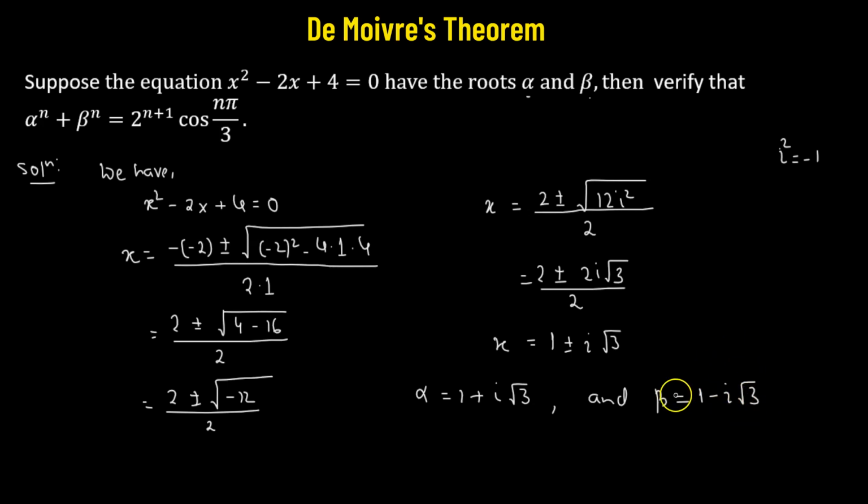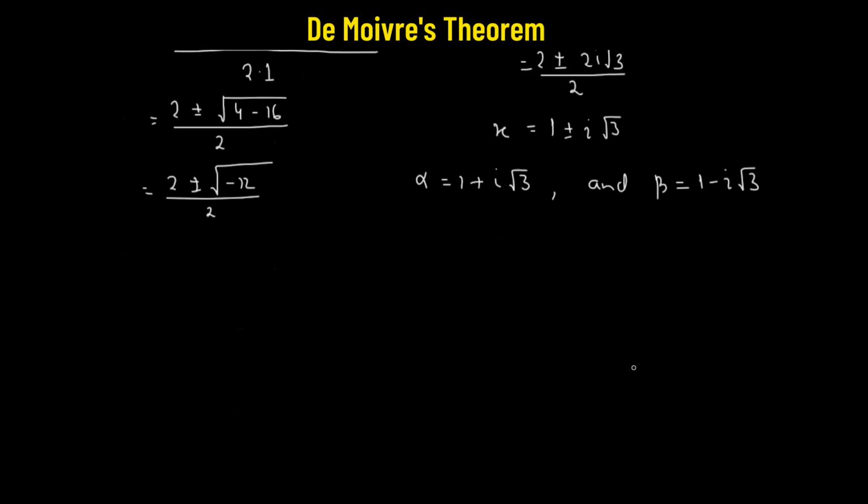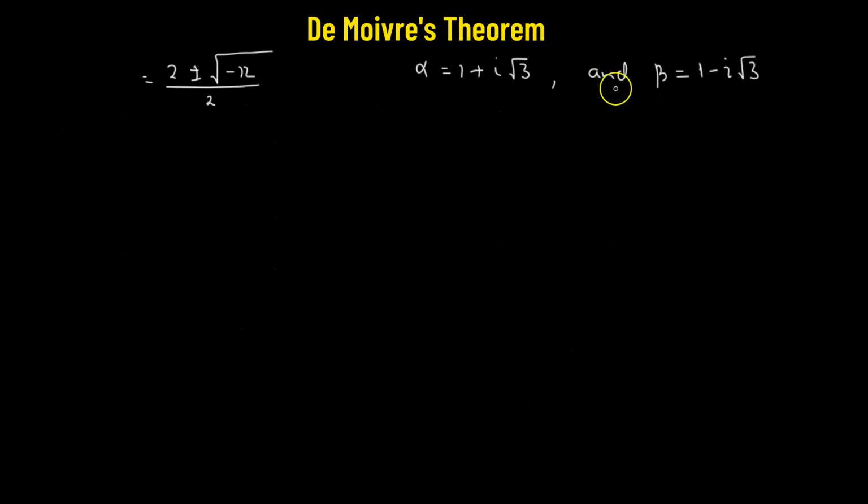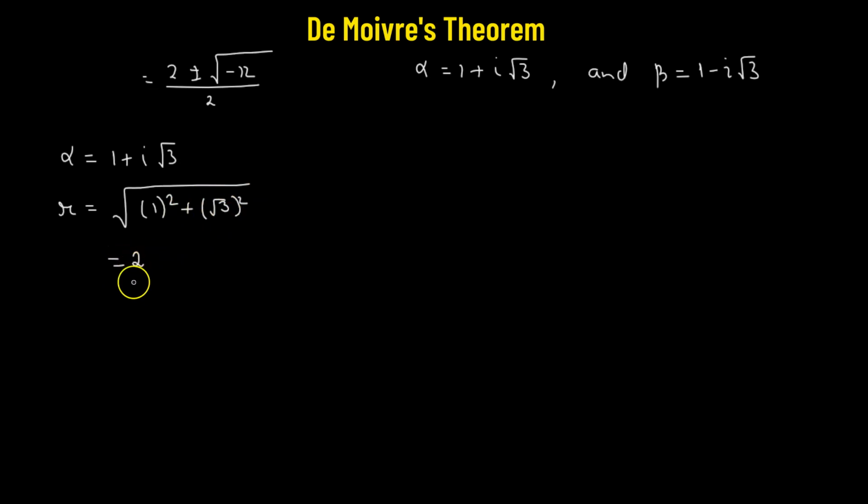Now that we have obtained the values of alpha and beta, our next goal is to convert alpha and beta to polar form. We'll start with alpha equals 1 plus iota times the square root of 3. Here r is the square root of 1 squared plus the square root of 3 squared, which gives us 2. We need to find the argument of alpha. Since alpha is a complex number, its argument is the inverse tangent of the imaginary part divided by the real part.